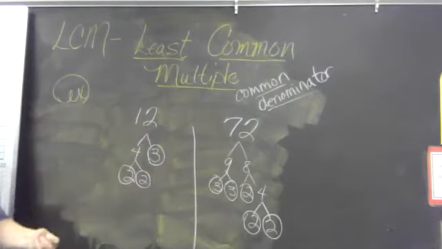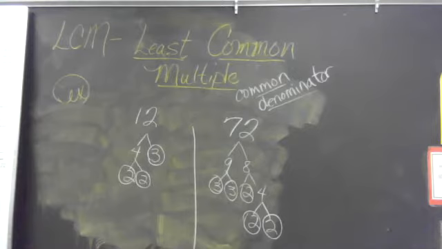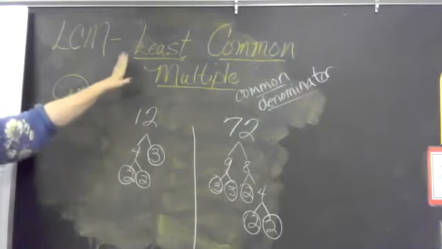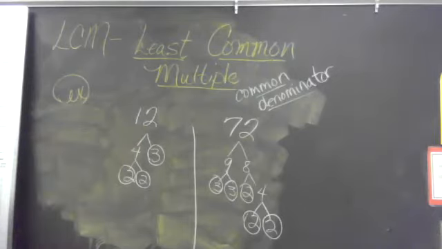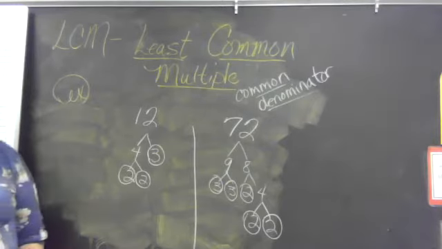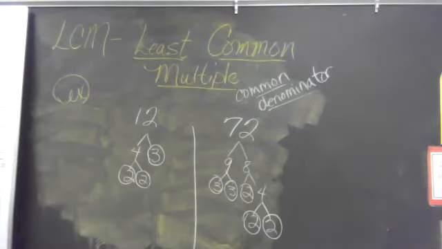It's not going to be 2 or 4. The least common multiple has to be at least this big or bigger. Okay? Check your factor trees. Make sure you came out with the same thing.